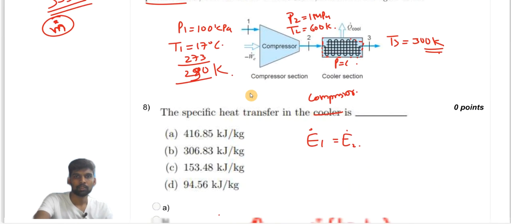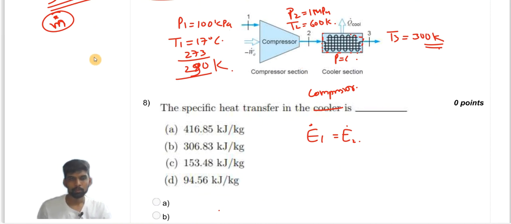So it is a compressor, and for a compressor we know that work is input to the system. So W in, and Q in, nothing is mentioned, so we will assume adiabatic.